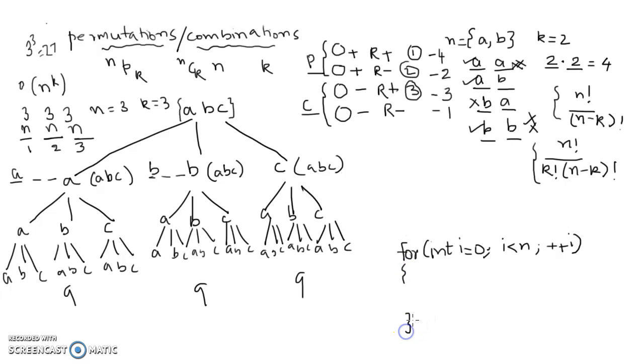And what would be my exit criteria for the recursion? Let's say I have a function here, permutation, that is going to give me all sorts of permutations. So this is a recursive function. What would be my exit criteria? Let's say I'm collecting these elements into a partial variable, which is of data type string.